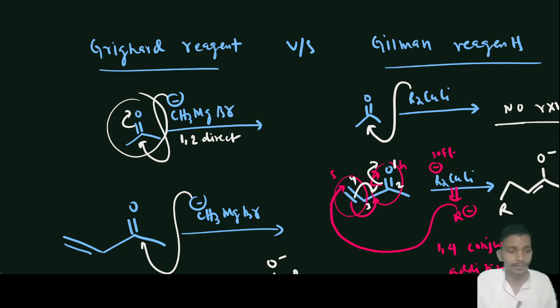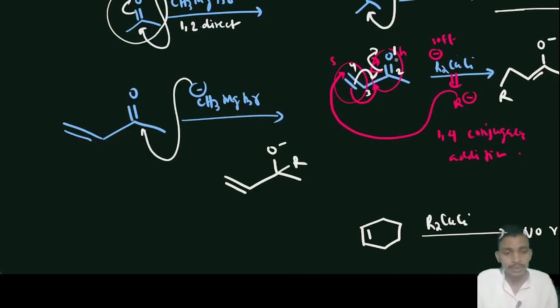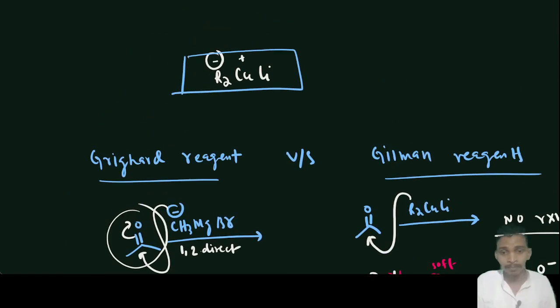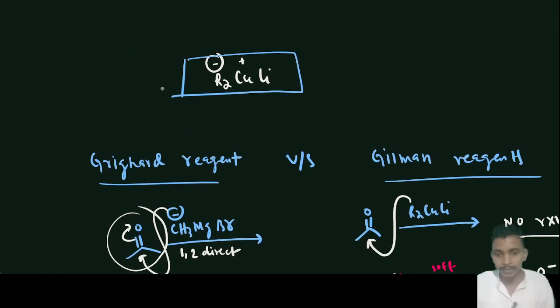But if it has a conjugate carbonyl group, in that case the Gilman reagent will do the reaction, and it does 1,4 conjugate addition. If the conjugate carbonyl group is there, the Grignard reagent does the reaction, but it does 1,2 direct addition. So that is the difference between Gilman reagent and Grignard reagent. So Gilman reagent does 1,4 conjugate addition. This is the first point of Gilman reagents.